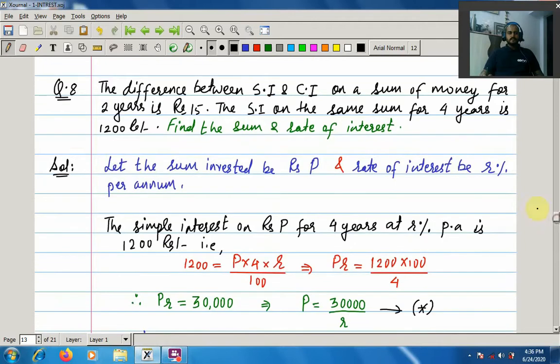So let's take the 8th question. It says that the difference between simple interest and compound interest on some money for 2 years is rupees 15.